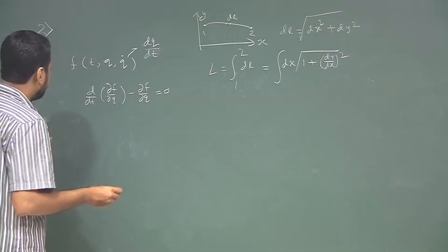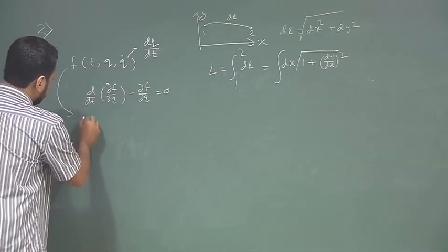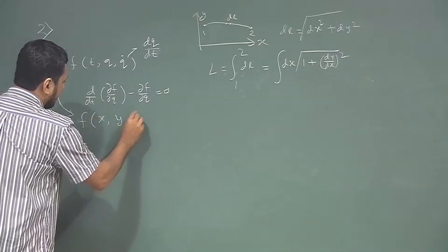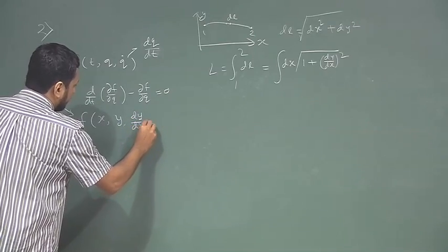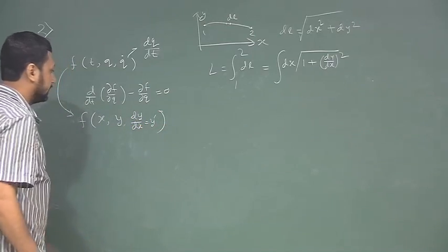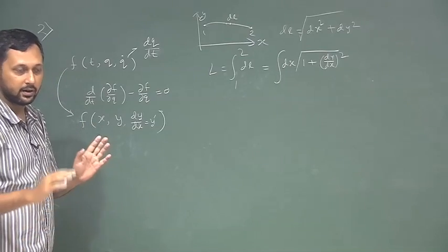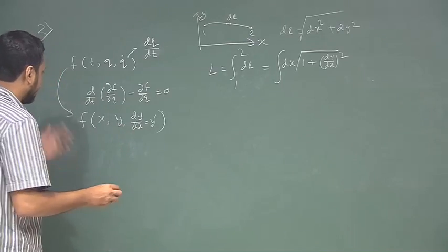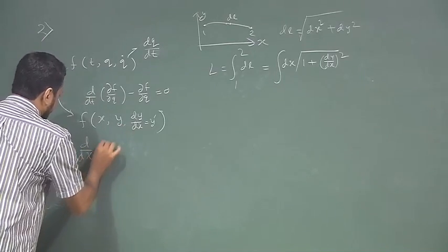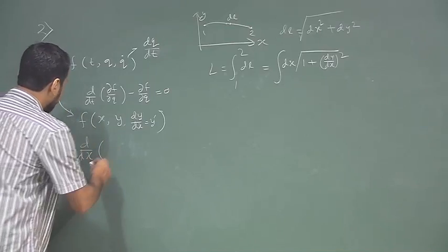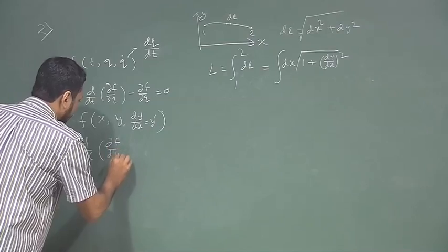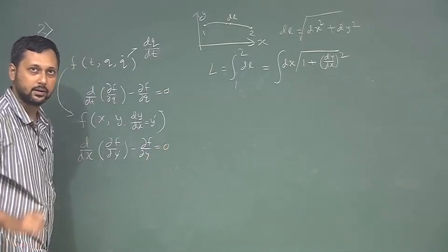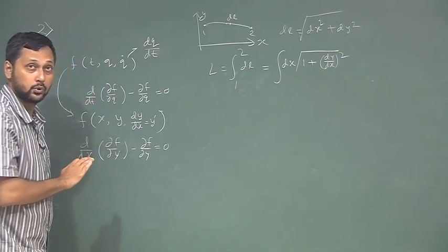What I am trying to tell you is, if I have any function which is a function of x, y and dy dx, which we will call y dashed, then using the same mathematics which we have followed, we can say that for stationary integrals, d dx of del f del y dashed minus del f del y will be equal to 0, right. So, this we can do.